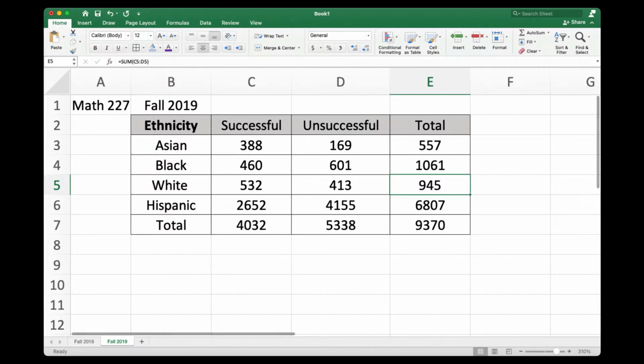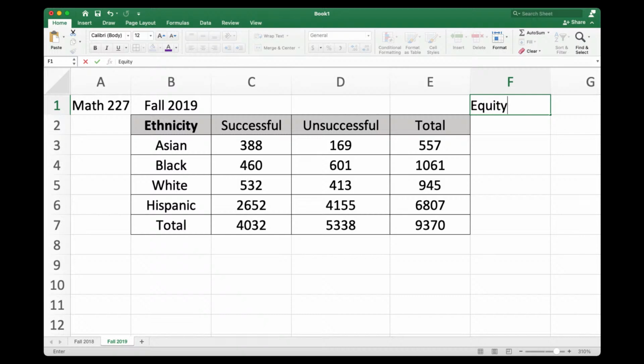I'm going to ask you the same questions here. I want to get the equity gaps here now for fall 2019. I want you guys to do the same exact thing here.